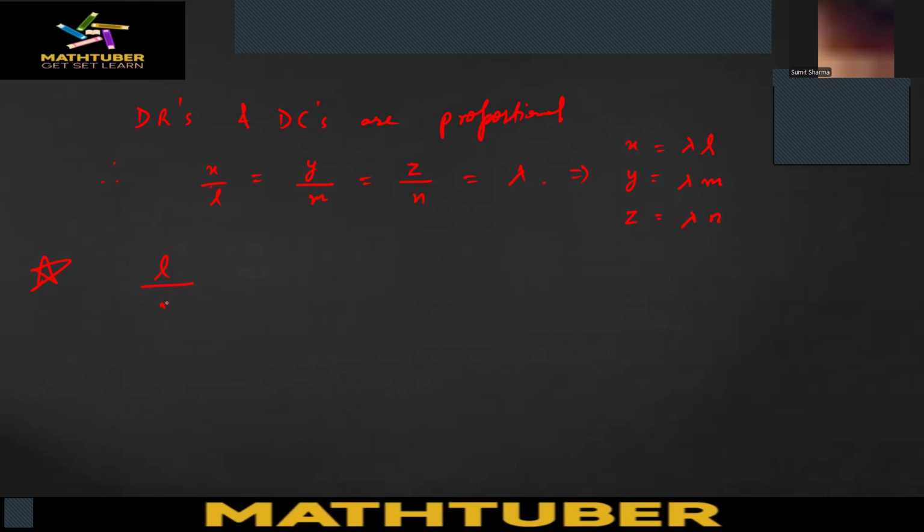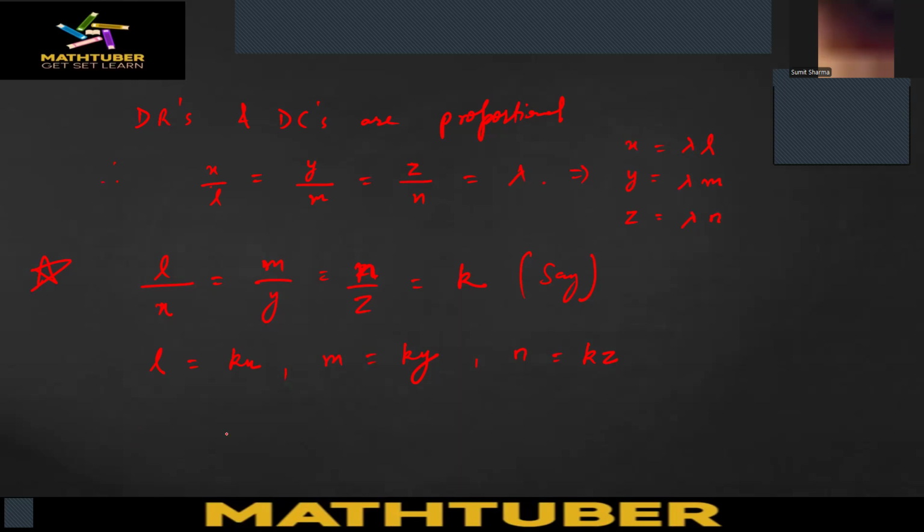So if we take the reciprocal here, let us take L upon X is equal to M upon Y is equal to N upon Z, and let us take it as K. So the value of L will be K into X, M will be K into Y, and N will be K into Z. Right?